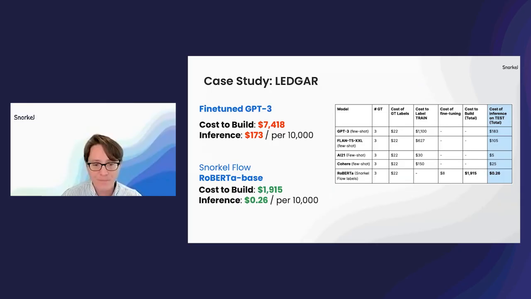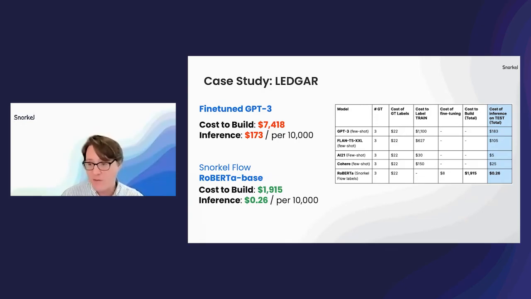fine-tuned model. And what we found is that to fine-tune GPT-3, it costs $7,418 to build the model. And then inference was that $173 per 10,000. If we were to use Snorkel Flow to combine all of those language models from the previous slide, we would pay $1,915 for API calls to build our training set.